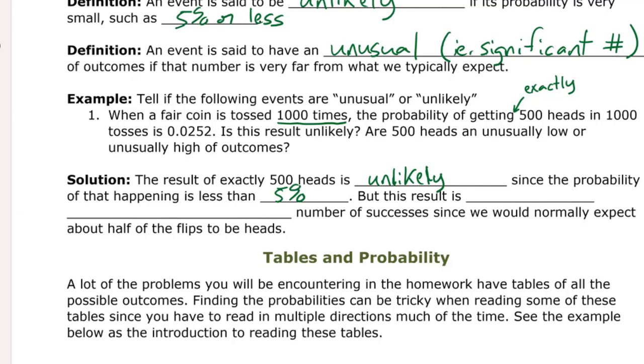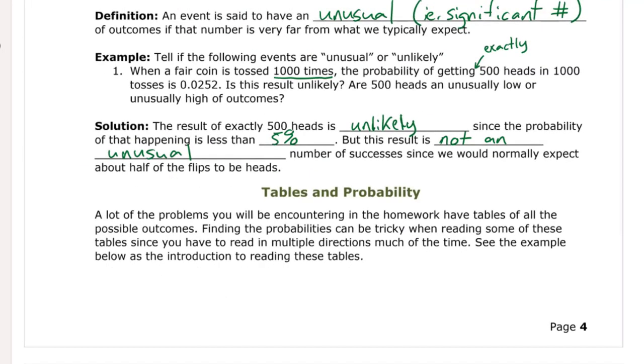Now, it might be weird to get exactly that number right there. It might be unusual from the sense of like, oh, wow, how did we get exactly half? But normally we expect about half of them to be heads. So this result is not an unusual number of successes since we normally expect about half to be heads anyway. But yeah. So unlikely and unusual used quite a bit. Unlikely you'll see it a lot more in this chapter because we do talk about the likelihood of things in terms of probability. So definitely a change of pace from stuff we've done in the past.